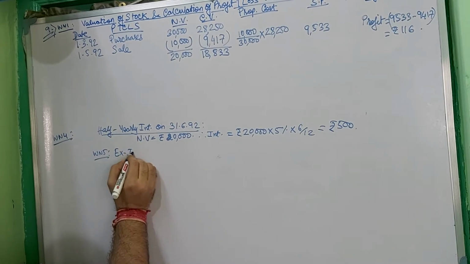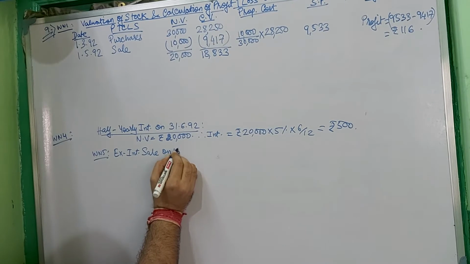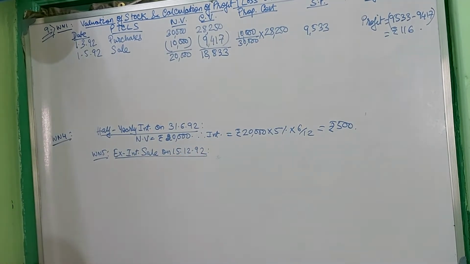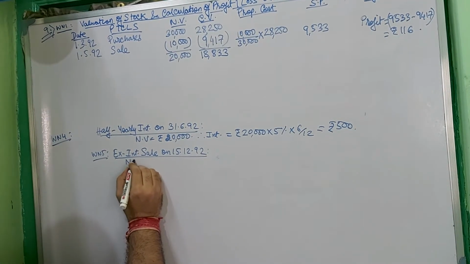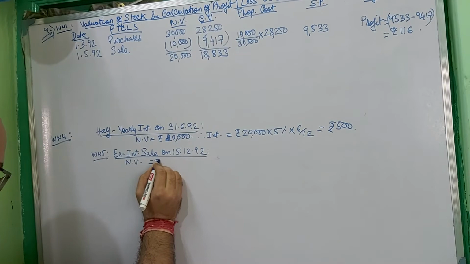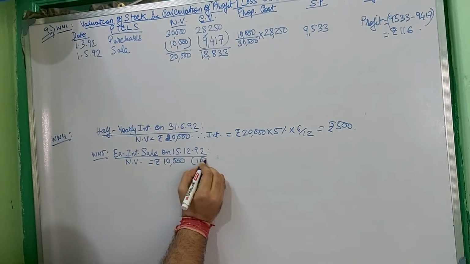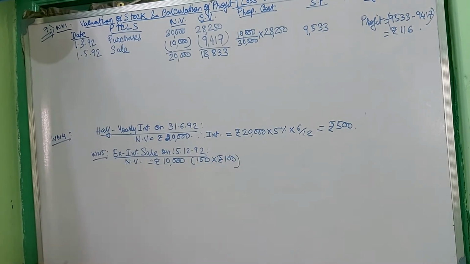Ex-interest sale on 15 December 92. The nominal value has been given as 10,000, which means 100 into rupees 100. The face value is rupees 100.